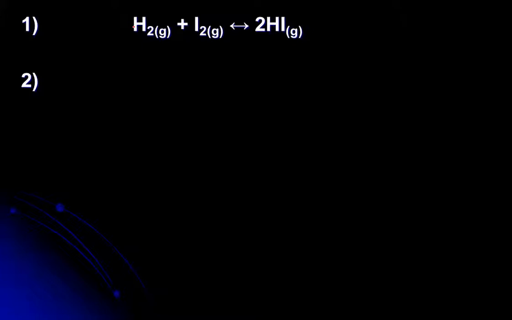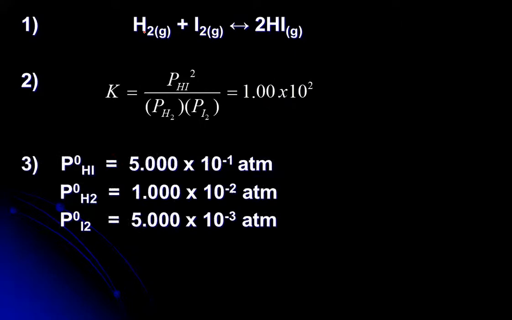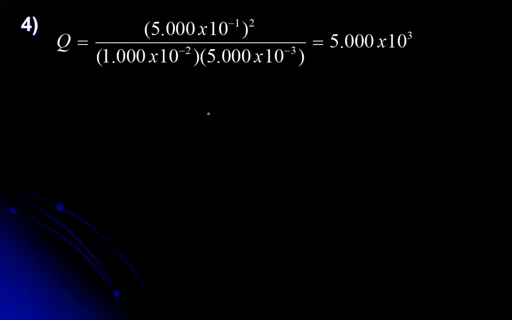Okay, here is our equilibrium expression with the K, which is 100 here. We have initial pressures of each of these, so guess what we need to calculate? Got to determine our shift. So we are going to find Q, using those initial pressures in our equilibrium expression.